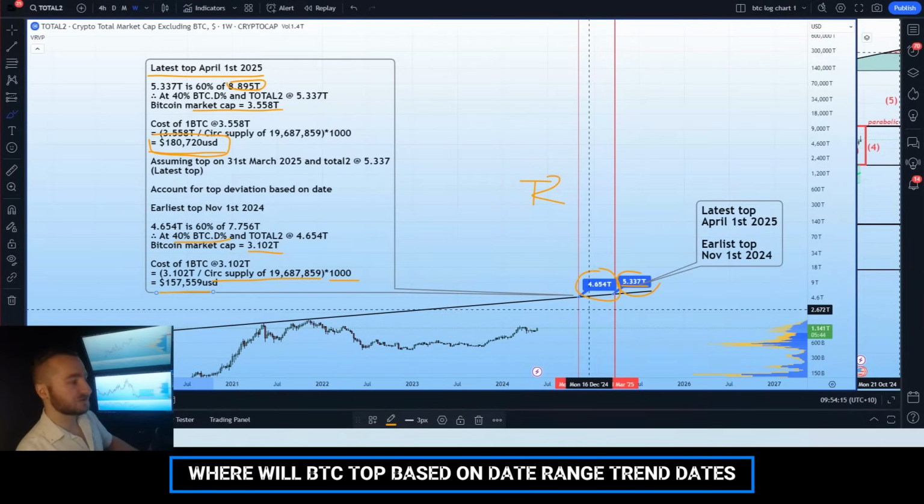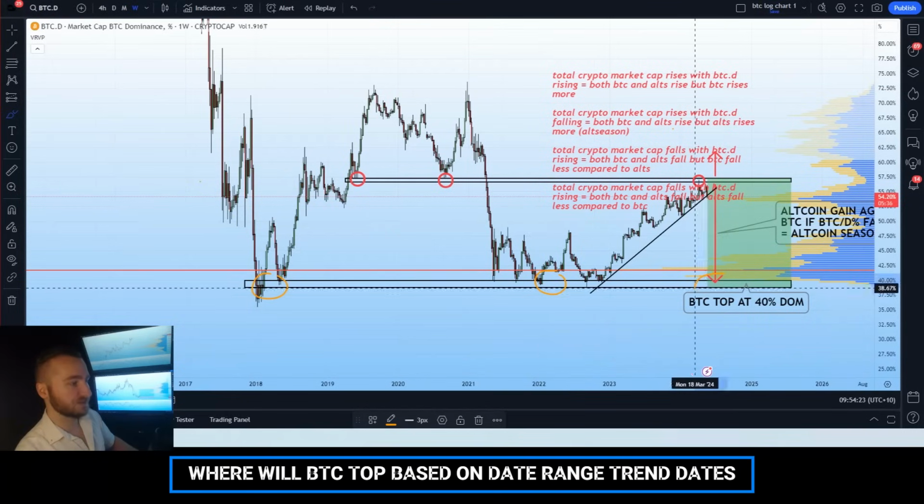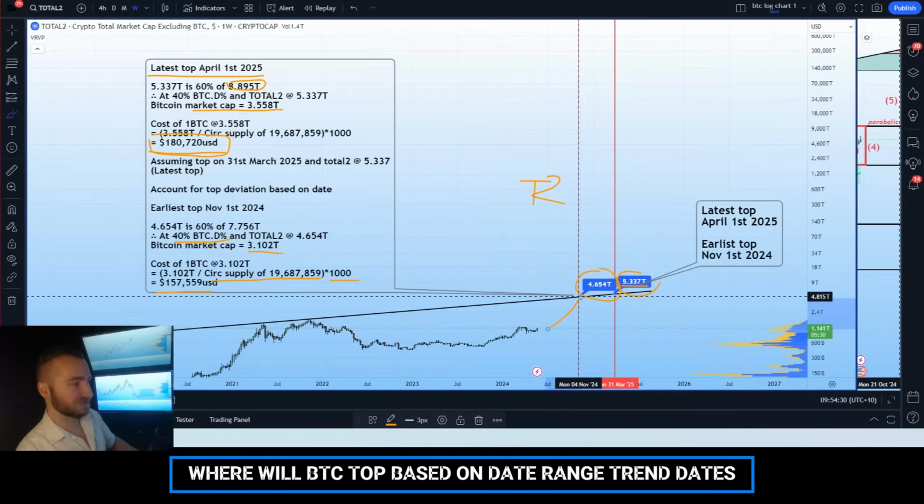So if we were to see the Bitcoin top come in November 2024, and the Bitcoin dominance drops down to 40% in that time, okay, and we see the total market cap reach this level of 4.65 trillion, we would likely see the Bitcoin price reach 157,000.